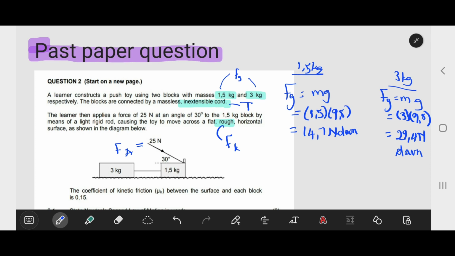They say the coefficient of kinetic friction between the surface and each block is 0.15. So the coefficient of kinetic friction between the 3 kg and the surface is 0.15. The same applies to the 1.5 kg, which is 0.15, because they said for each block, right?